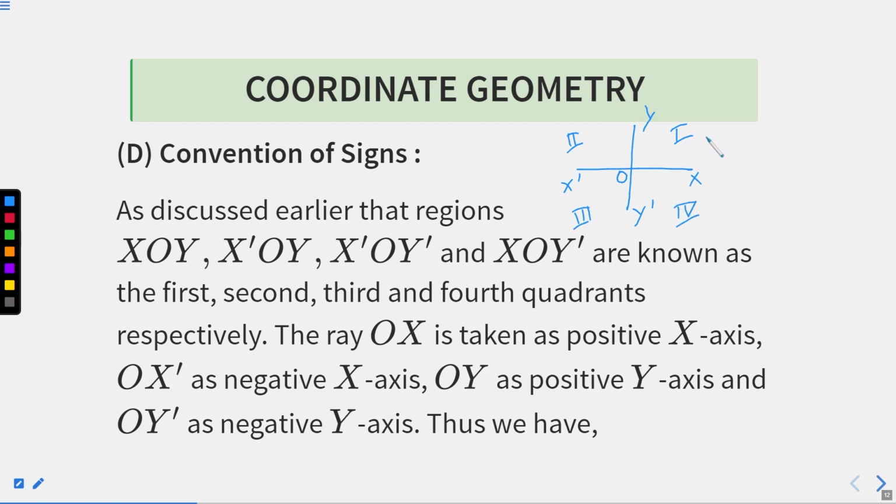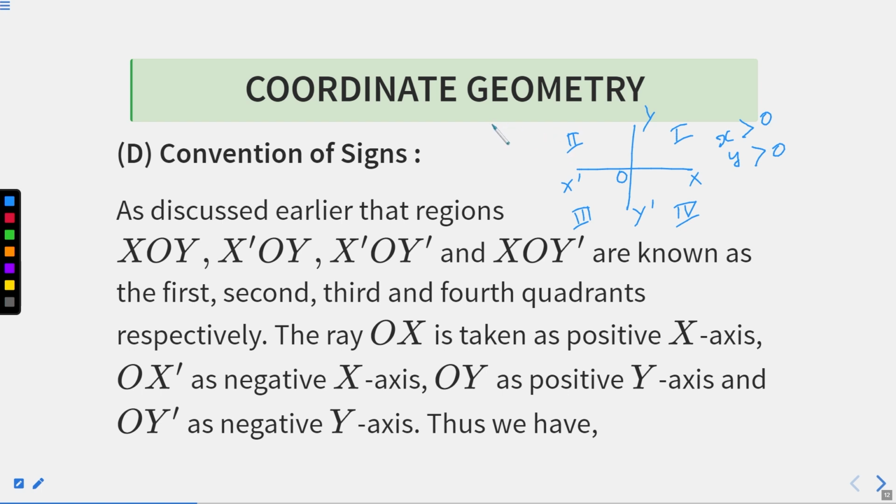In the first quadrant, the numbers of the ordered pair x and y are both on the positive side. That means x is on the right side, so x is positive, and y is on the upward side, so y is also positive.